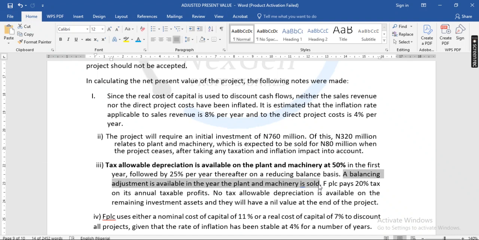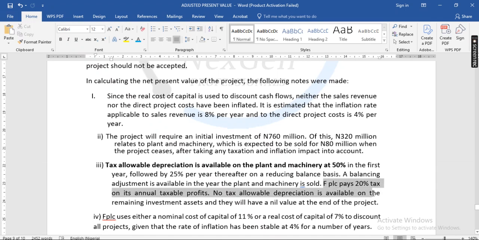So definitely a balancing adjustment will be allowed because the plant and machinery has to be sold at 80 million at the end of this project. Therefore, we will account for either a balancing allowance or a balancing charge.